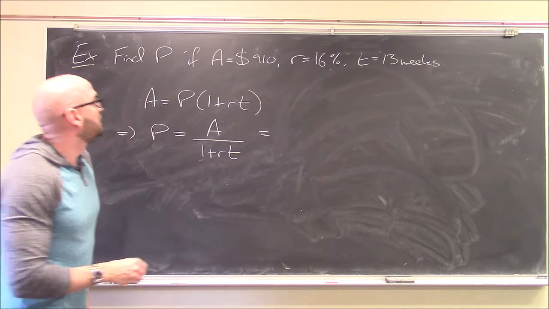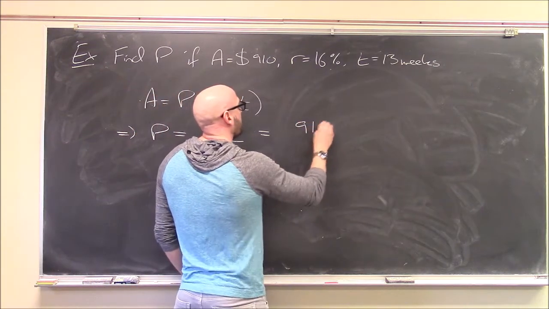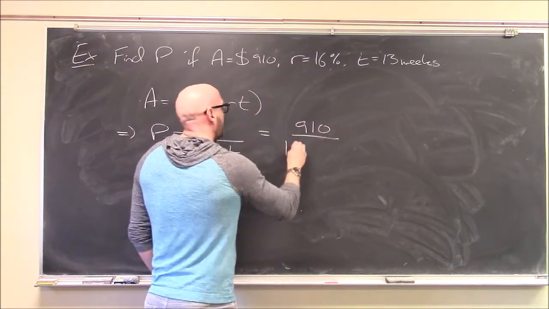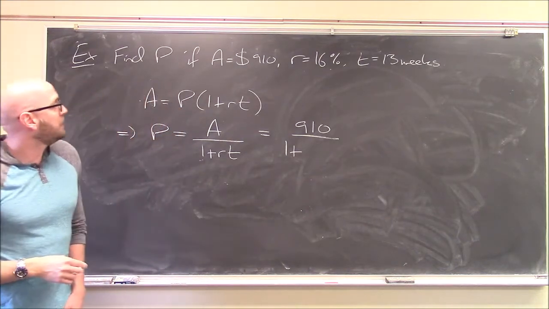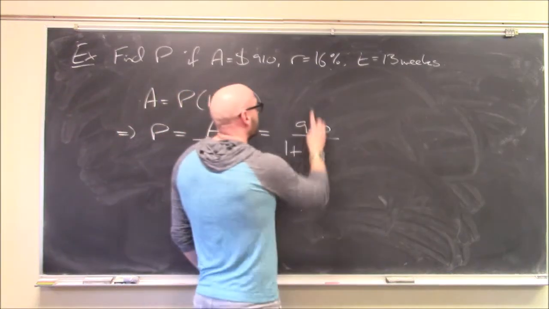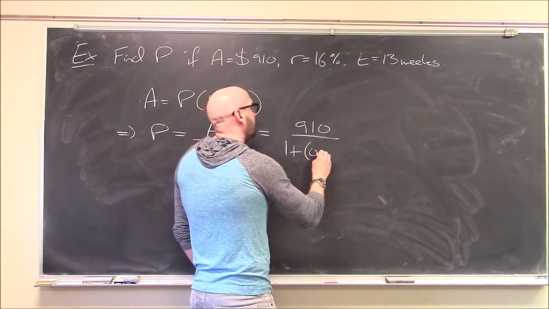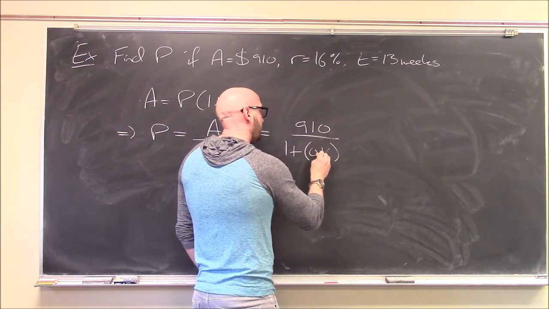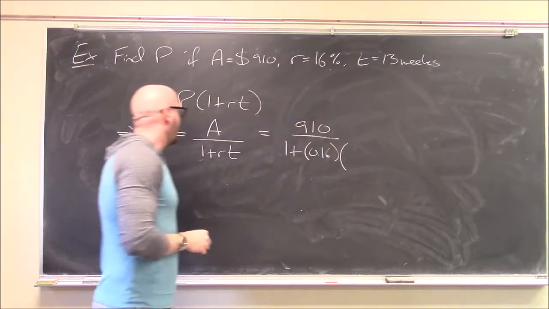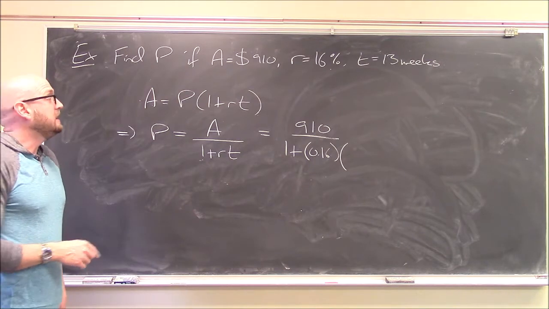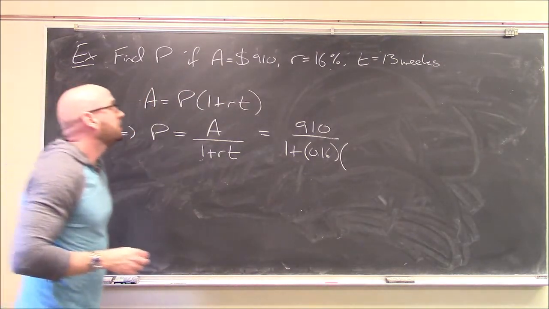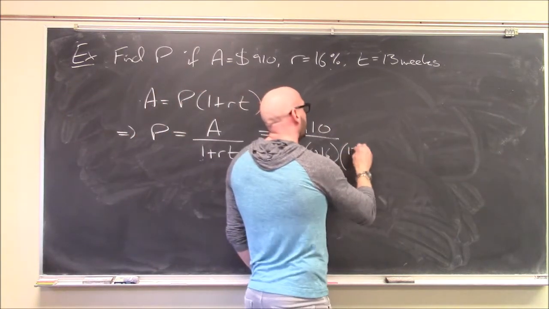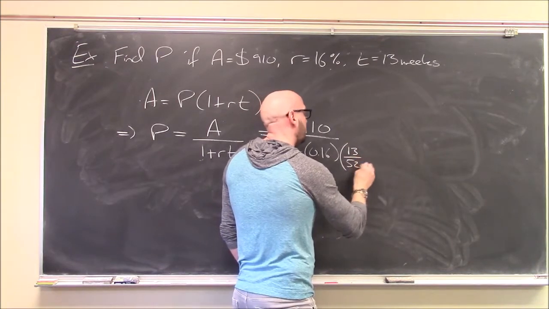Our future value is 910. Our annual rate, 16% in decimal, divide by 100, so that's 0.16. And T, the time in years, there's 52 weeks in a year, so T is going to be 13 weeks over 52 weeks.